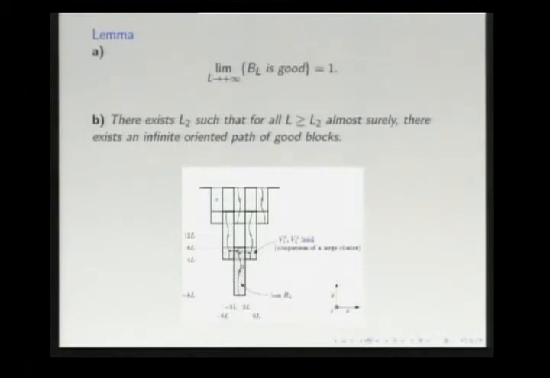It's important to observe here that the status of good for each block is not an independent percolation process. Because, for example, this shadow block is good, and this other block here is good.